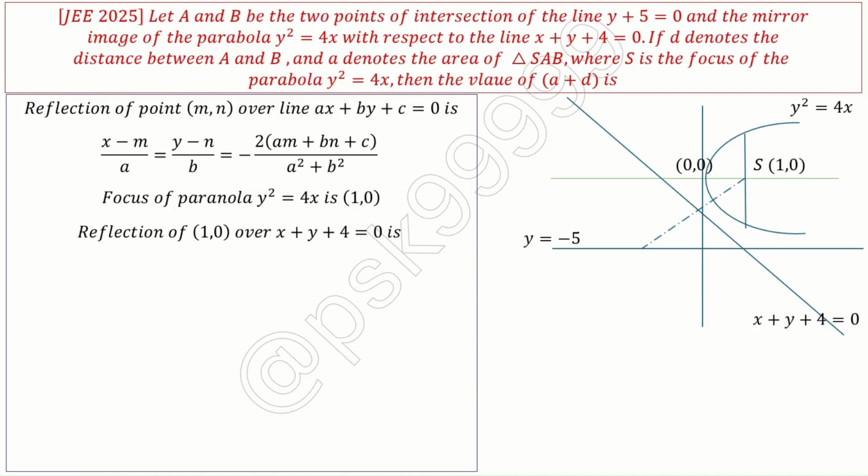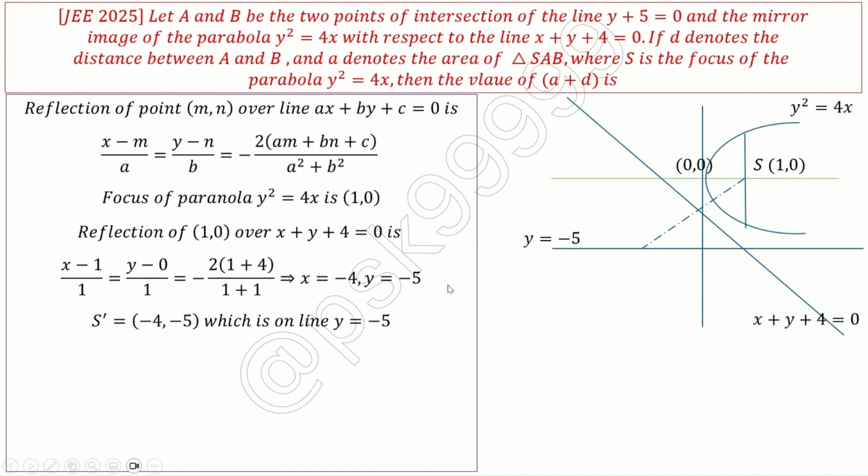So the reflection of (1, 0) over this line is (x - 1)/1 = (y - 0)/1 = -2(1 + 4)/(1 + 1). From this I can get the reflection of the focus, which is (-4, -5). So (-4, -5), I know that it will be on the line y = -5. Correct? S' lies on this line.